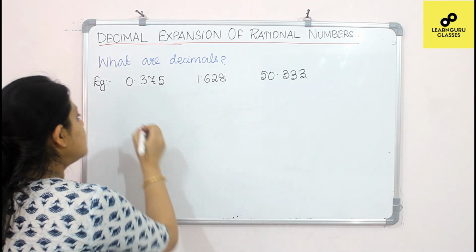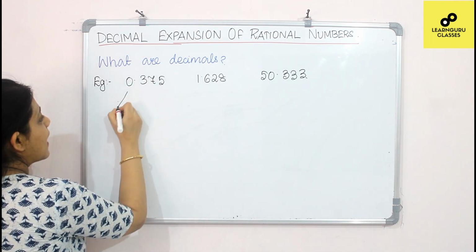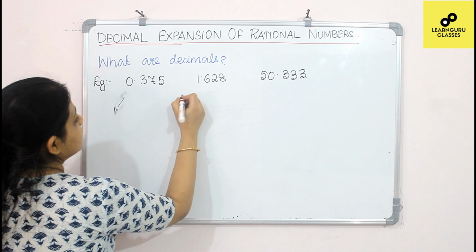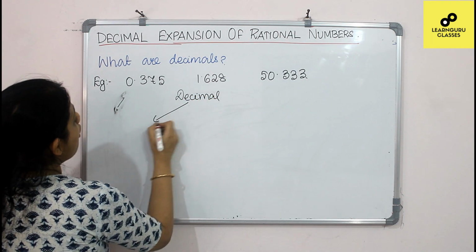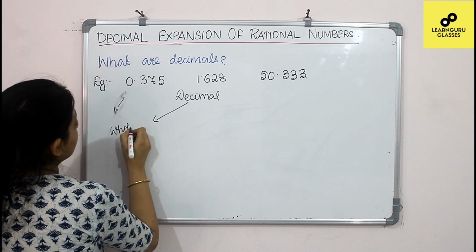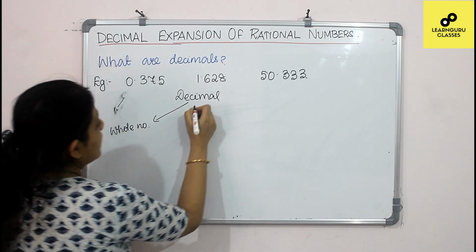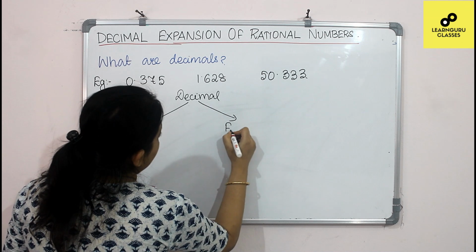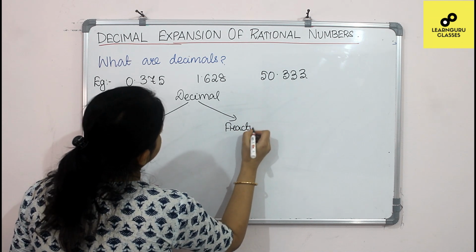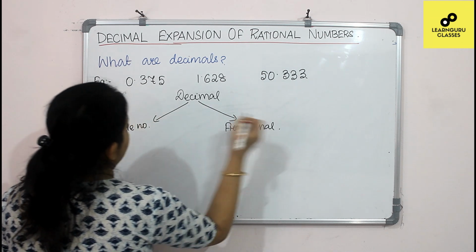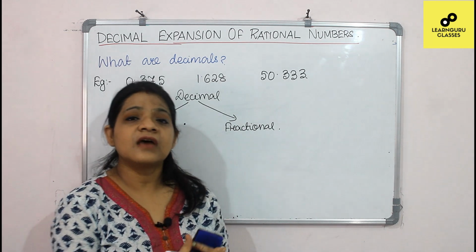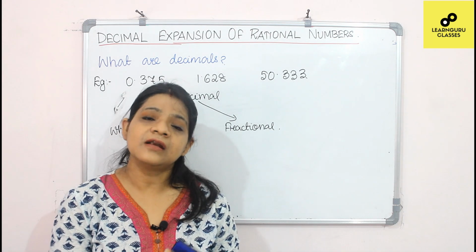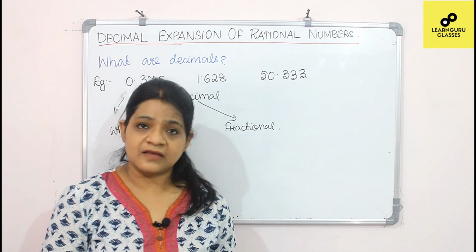One is the whole number part, and the other part is the fractional part, and both of them are separated by a dot. So this is the definition of a decimal number.